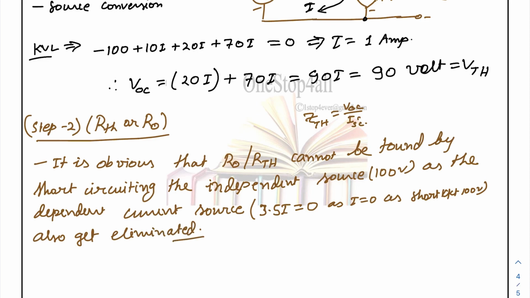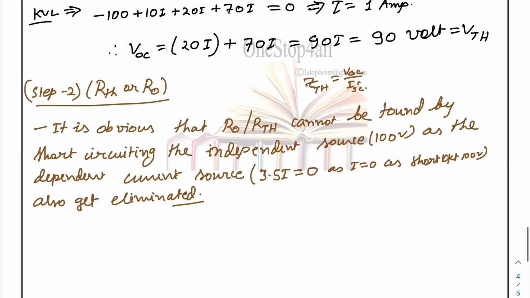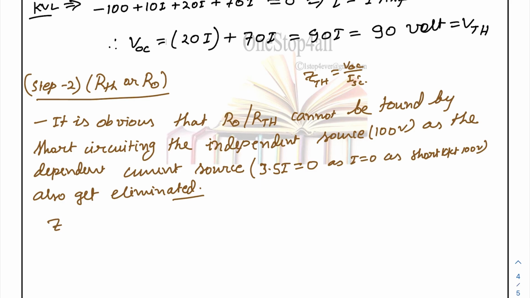So we will not follow that conventional method. We will follow the simple method to find out the ZTH, or the Thevenin equivalent, or Z naught. We will simply find VOC divided by ISC.